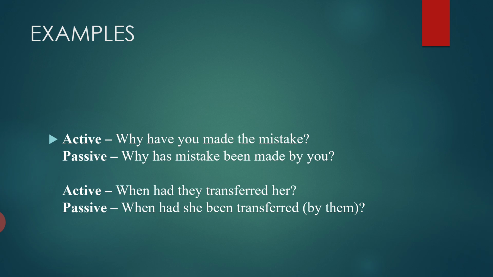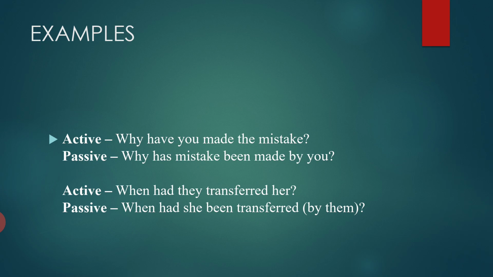Why had they transferred her? So, when had they transferred her? So when had she: her becomes she, because she takes the place of the subject, and you have to put the subjective form of the pronoun. So, when had she been transferred by them?